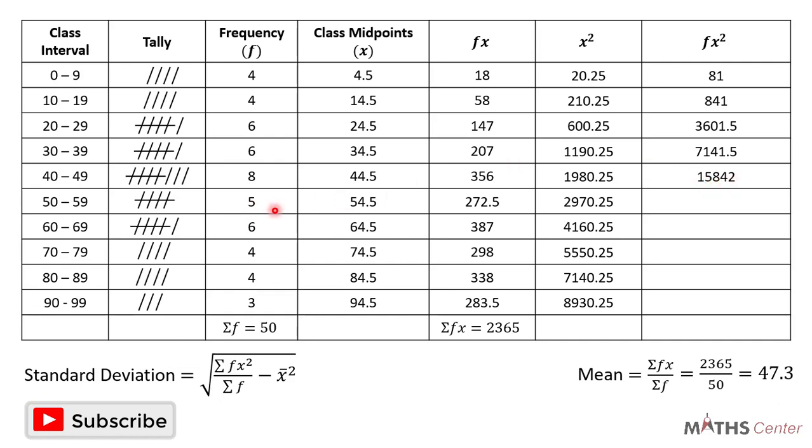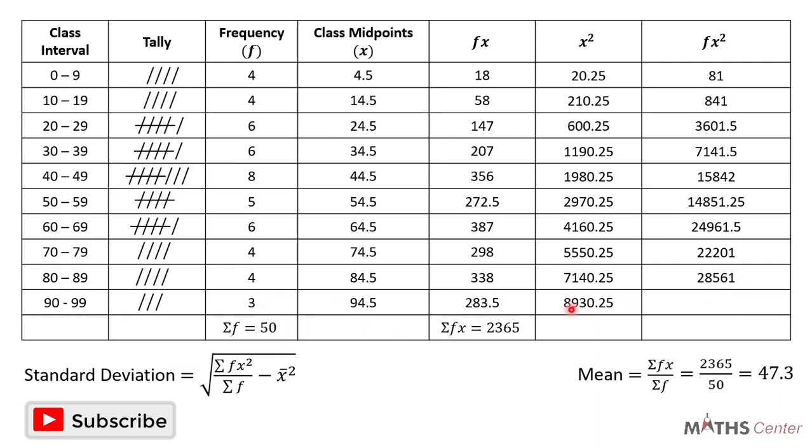5 times 2970.25 is 14851.25. 6 times 4160.25 is 24961.5. 4 times 5550.25 is 22201. 4 times 7140.25 is 28561.